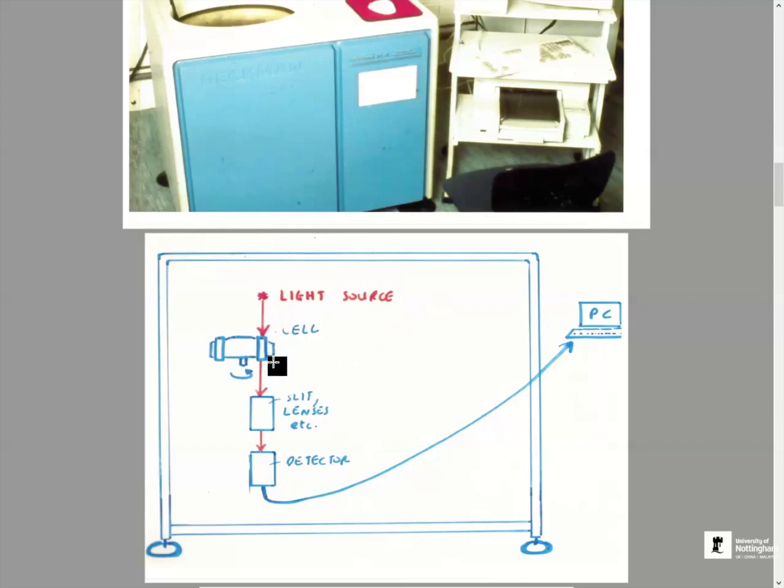Okay, so the light goes through the cell when it gets to this part of the orbit, and then it scans across the cell, the sedimentation process, and then the signal gets sent through this slit lens arrangement to a detector. If it's absorption optics, it'll be some sort of photomultiplier.